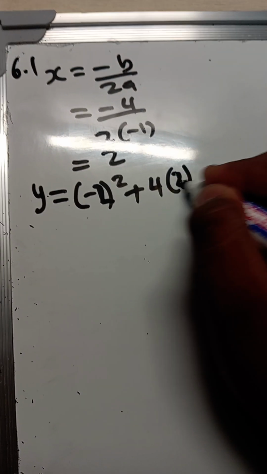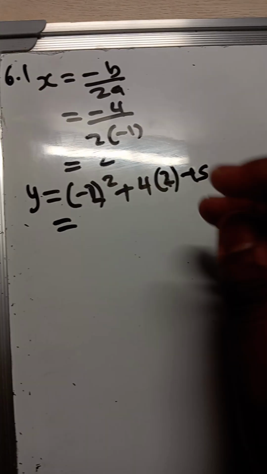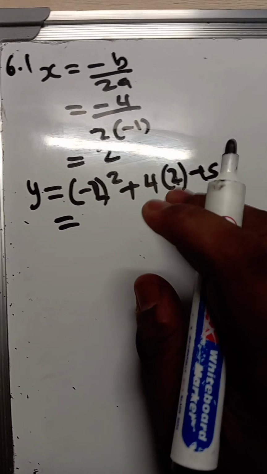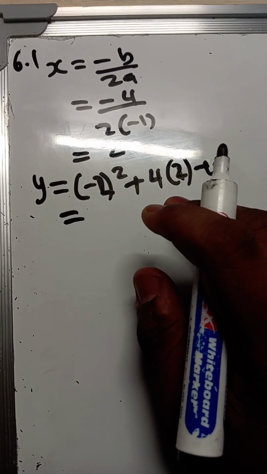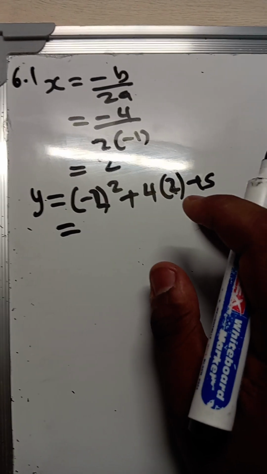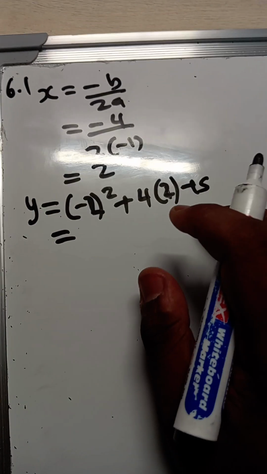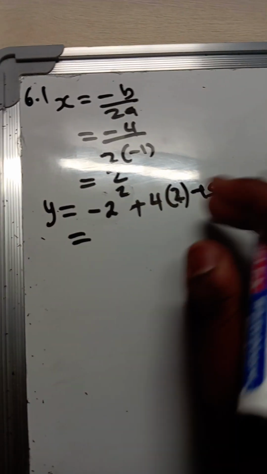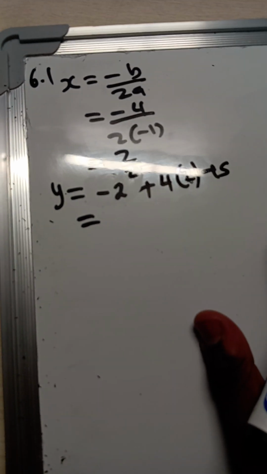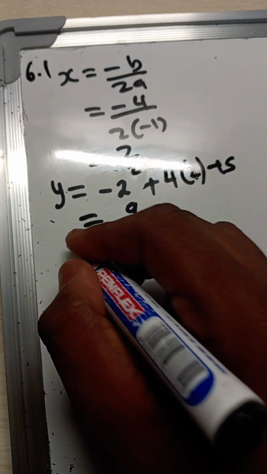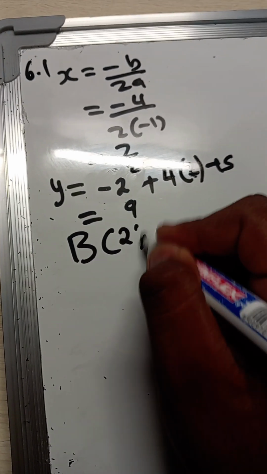That gives minus 2 squared, which is minus 4, plus 4 times 2, which is 8, plus 5. 8 plus 5 is 13. 13 minus 4 gives me 9. Okay, very important, guys. So now this means B is 2 and 9.